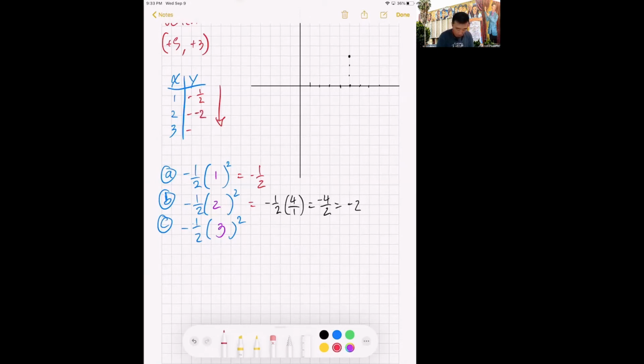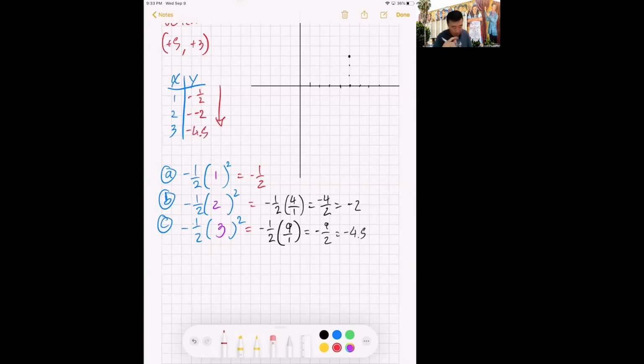That's nice, okay? And then here we have negative 1 over 2 times 9 over 1, okay? Because that 3 squared, 3 times 3, is 9. And that gives me negative 9 over 2, which gives me negative 4.5.